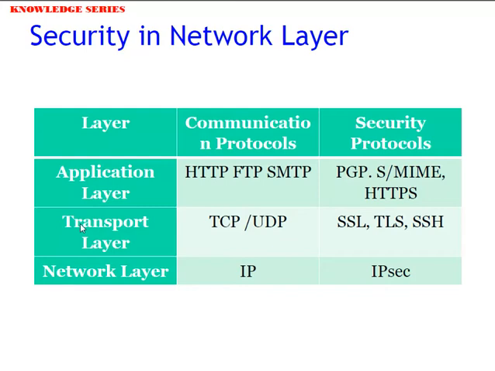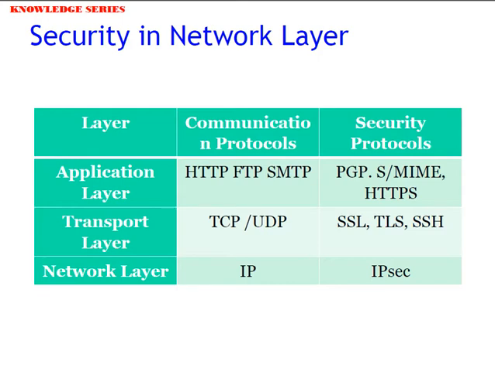If you look across the transport layer, from the angle of communication protocols, you will find protocols like TCP and UDP on one side, and on the other side SSL, TLS and SSH.